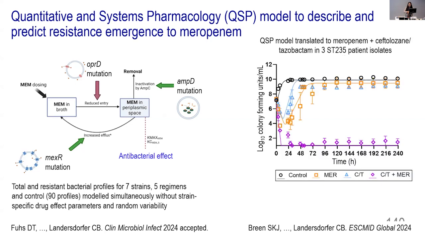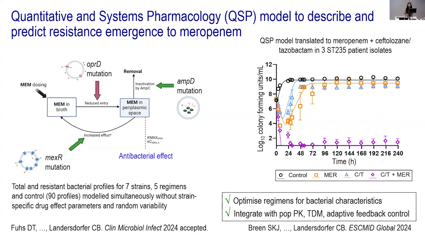Now, this was using generated lab strains with resistance mutations, but we were also very recently able to translate this approach to clinical isolates from patients belonging to a worldwide high-risk clone of Pseudomonas aeruginosa. So overall, this shows promise for using this in vitro modeling and mathematical modeling approach to optimize regimens, not only for patient, but also for bacterial characteristics, such as different resistance mutations.